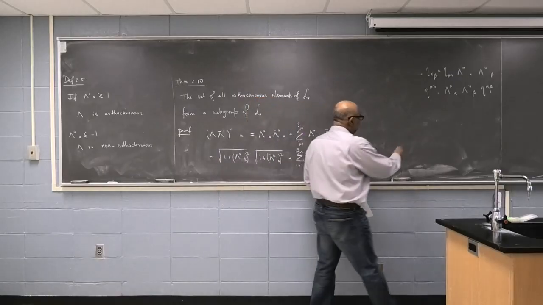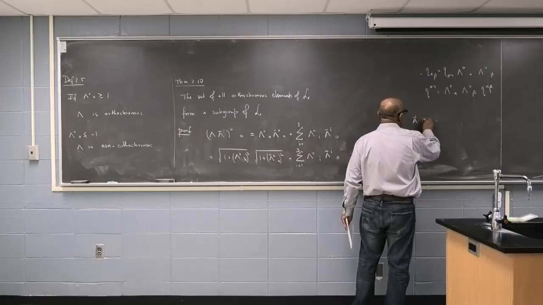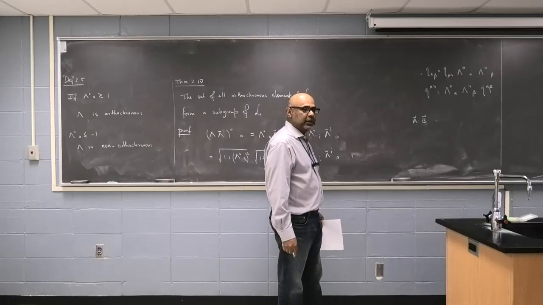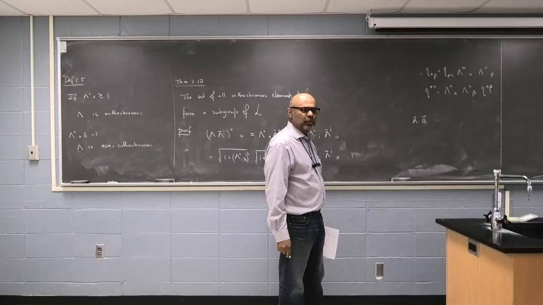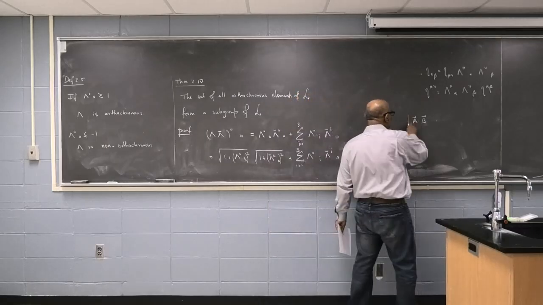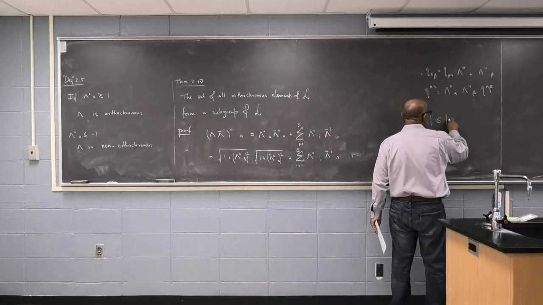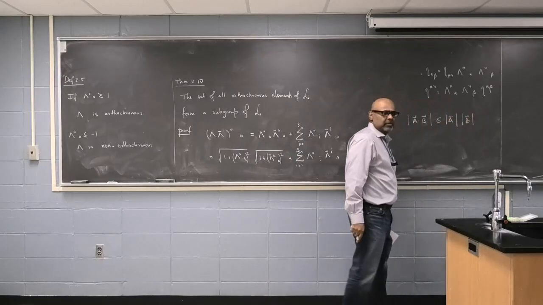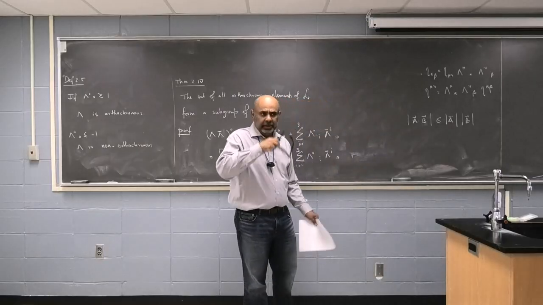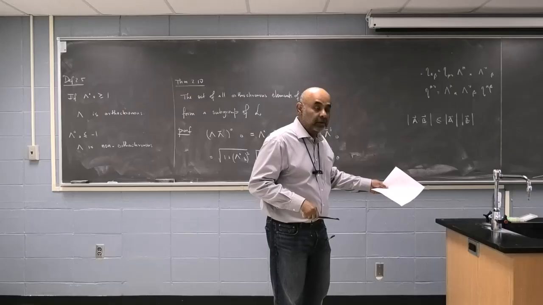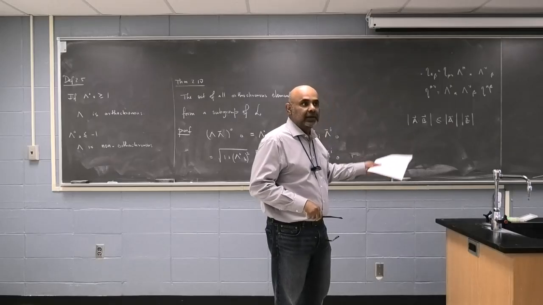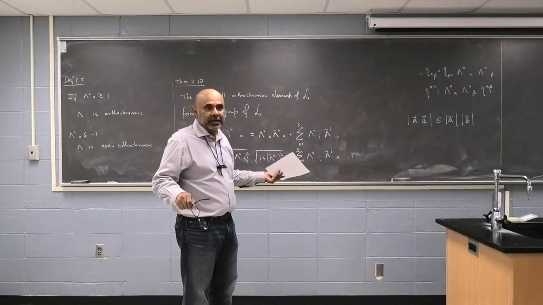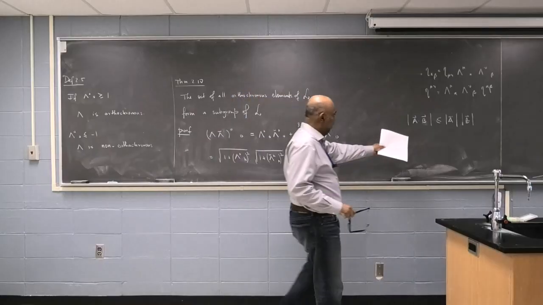That's like A dot B. The most A dot B it can be is less than, why is that true? Because it's actually the law of cosines. Magnitude of A times magnitude of B times cosine theta. Cosine has a maximum of 1, so it's going to be less than that.